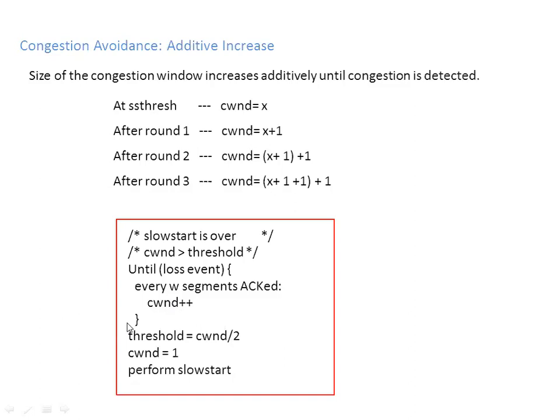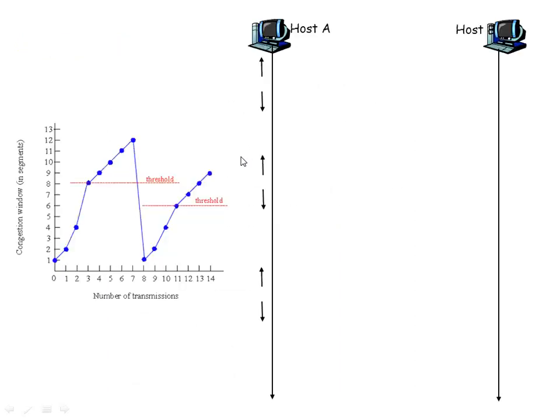So when the sender detects that there is congestion in the network, it will go to the next phase, that is congestion detection. We will see later on about the congestion detection. So here you can see initially the rate of increase in the window size was exponential, that is the slow start phase.